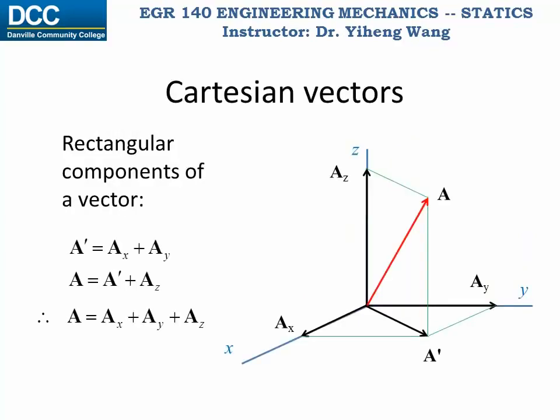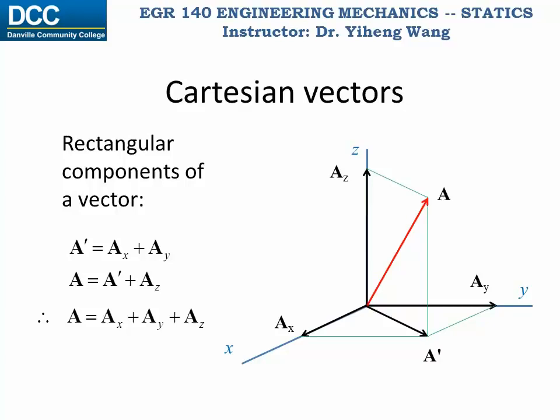So if we transfer an arbitrary vector A into an established Cartesian coordinate system, with the tail of the vector fall on the origin, then we can first apply the parallelogram law to resolve vector A into two component vectors, AZ that falls along the z-axis and A prime that falls within the xy plane.